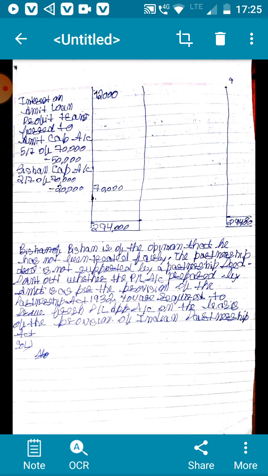The profit and loss appropriation account prepared by Amit must be as per the provisions of the Indian Partnership Act. You are required to prepare the profit and loss appropriation account on the basis of the provisions of the Indian Partnership Act.